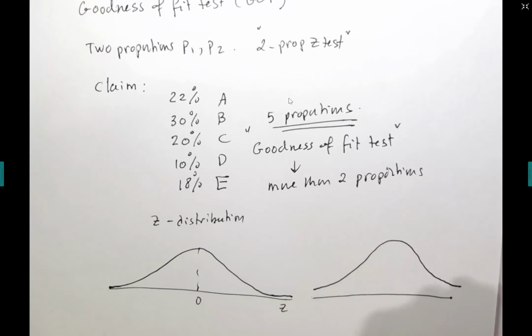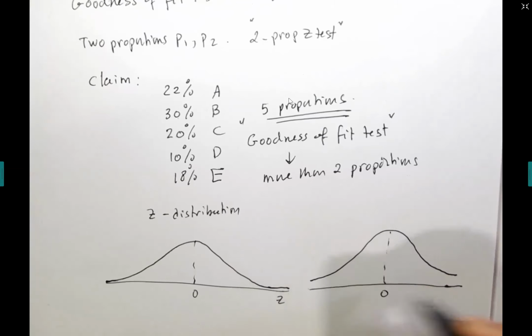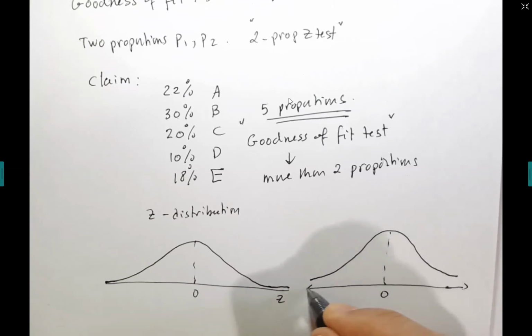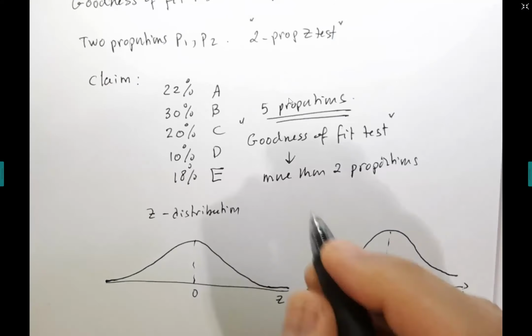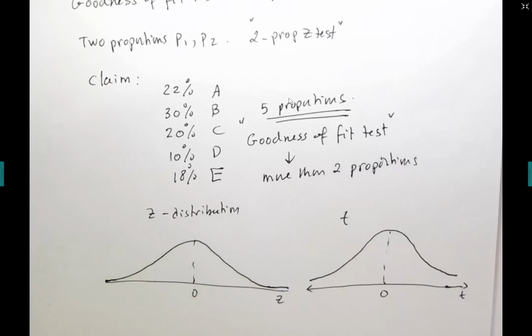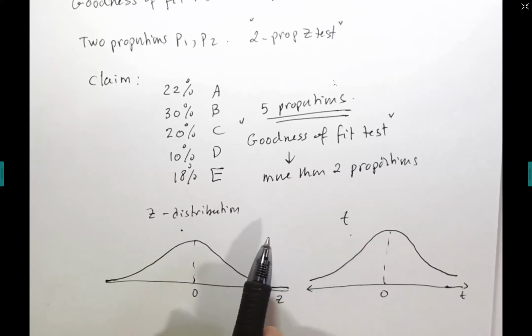Do you guys see the difference between the 2 graphs that I graphed here? Can someone remind me what's the difference between the Z and the T? Yeah, the line is not touching, there's a thicker tail, exactly. So we use the Z, we use the T. That's what we've been talking about throughout chapters 7, 8 and 9.